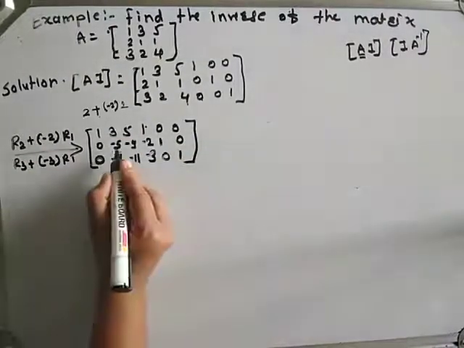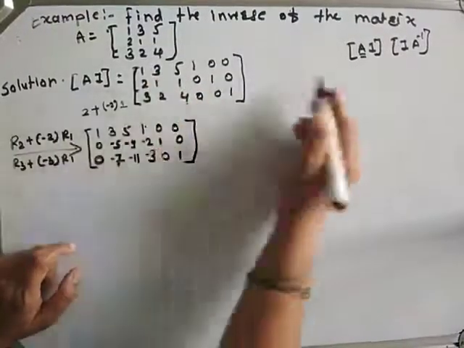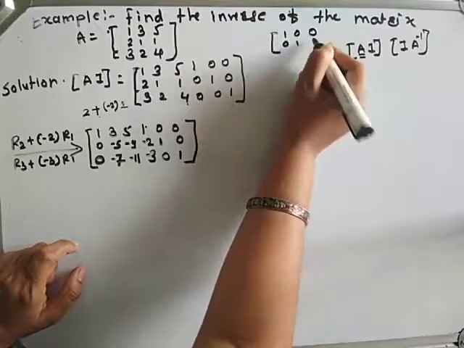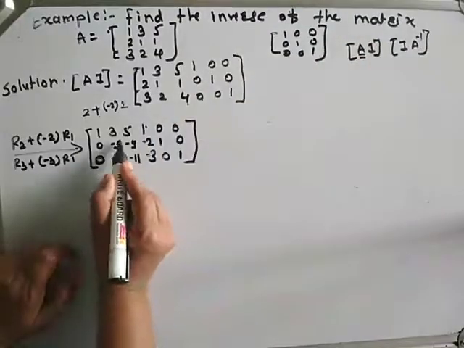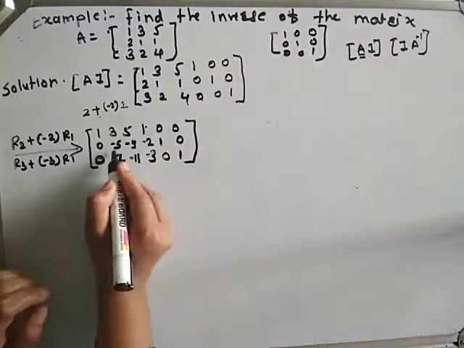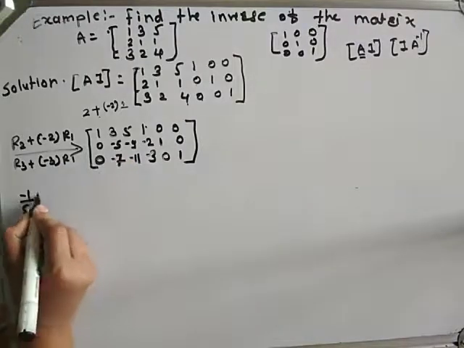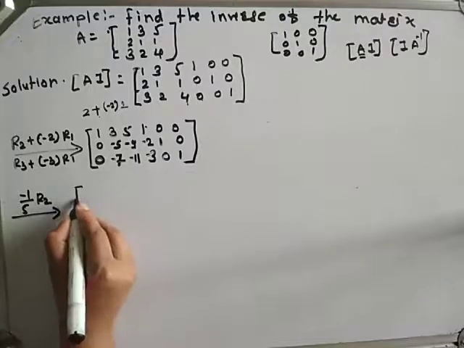See here, actually we have to convert this A into the identity matrix [1 0 0; 0 1 0; 0 0 1]. So here we require 1. For this we perform the operation minus 1 upon 5 into R2. What do we get?